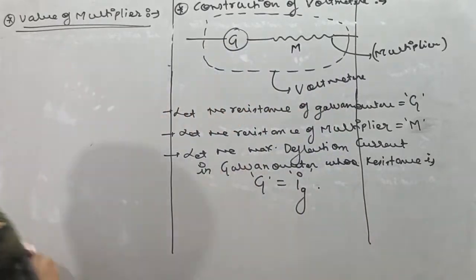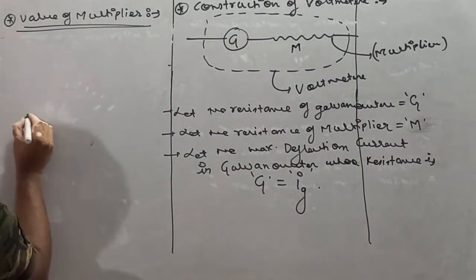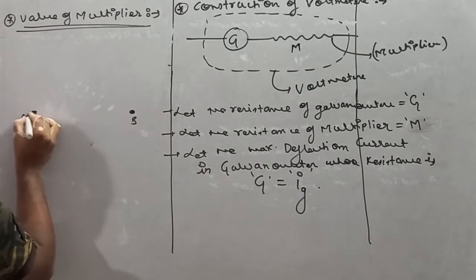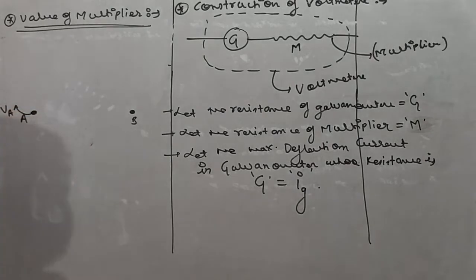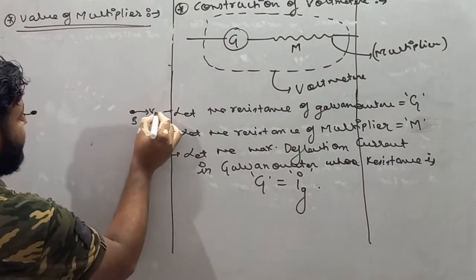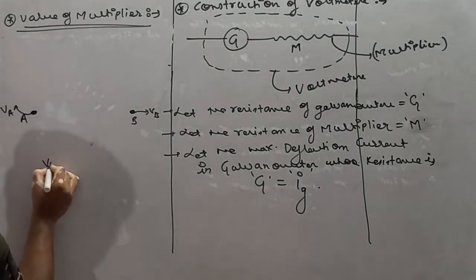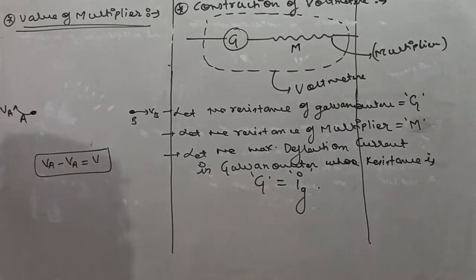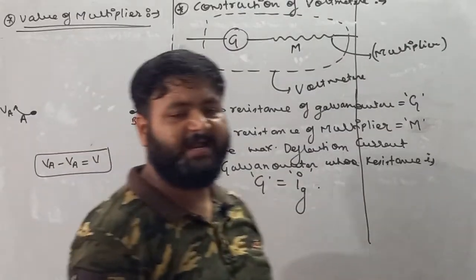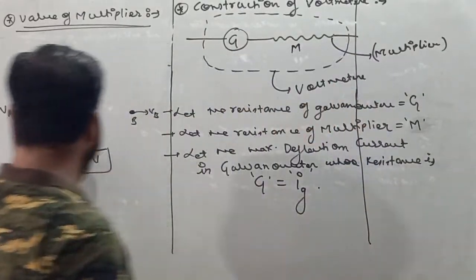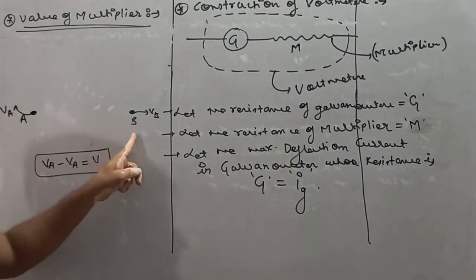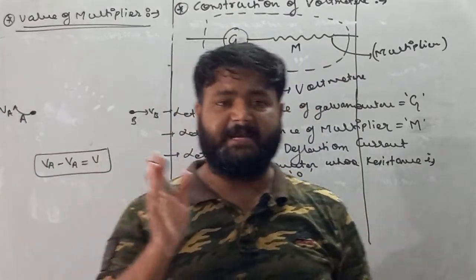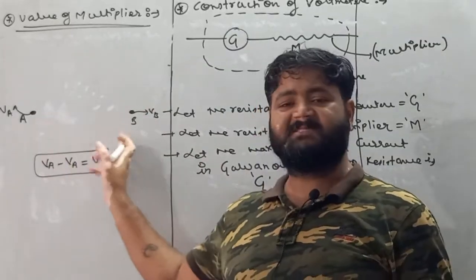So my dear student, here comes the value of multiplier. Let's suppose we have a point A and a point B. Let's suppose the potential of point A is VA and potential of point B is VB, and VA minus VB is equal to V. Now I am interested to find potential difference across these 2 points A and B. So we have to connect a voltmeter in parallel across these points.